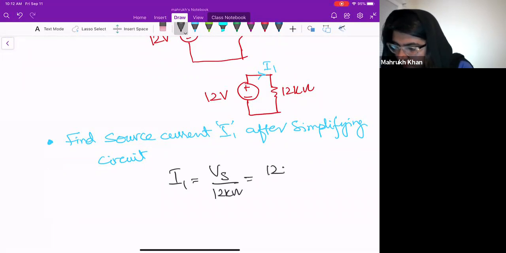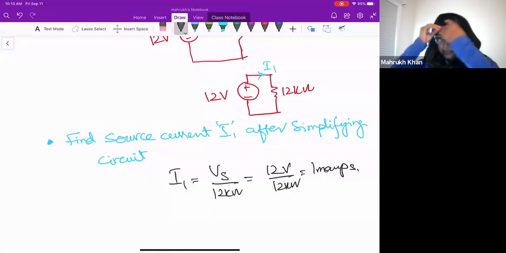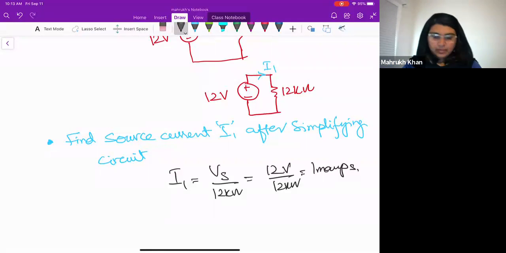That is 12 volts divided by 12 kilo ohms, which equals 1 milliamp. Right, so we are good with the source resistance.